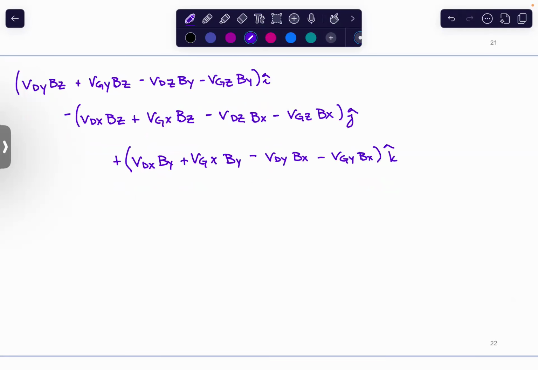Now let's separate terms. I'm going to separate drift velocity and gravitational velocity terms.